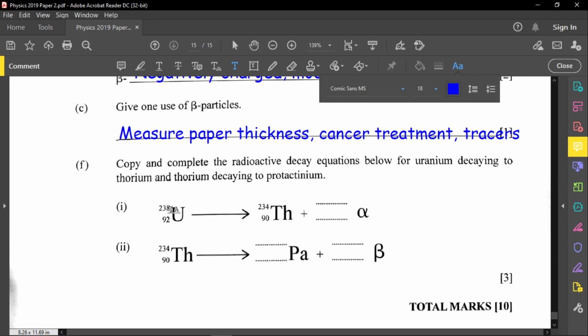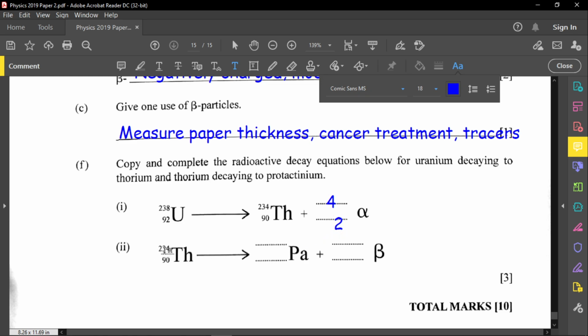So if this is 238 and this is 234, then this must be 4, because 4 plus 234 gives you 238. And then here you have 92, and 92 will come down to 90. That means this must be 2, because 90 plus 2 gives us 92. So this answer here is going to be 2. I'll put it a little bit lower so you don't mix up with the top one.